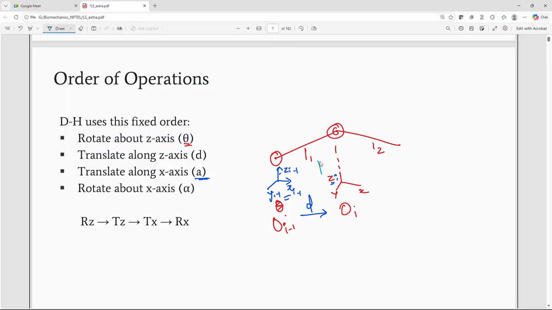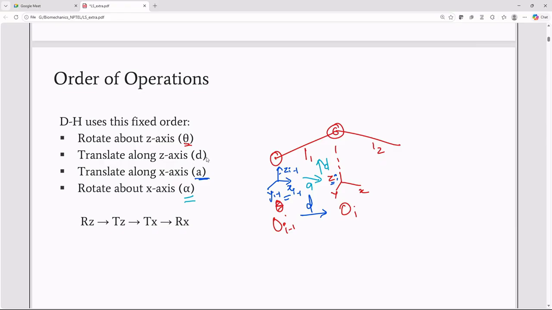So that will be the direction of D, and this will be the direction of A. Translation along z-axis, that is upward direction, is D, and translation along x-axis is A. Then we have to rotate about alpha, rotate about x-axis to match both the x-axes, because first we have aligned or oriented the z-axis by rotating by theta degree.